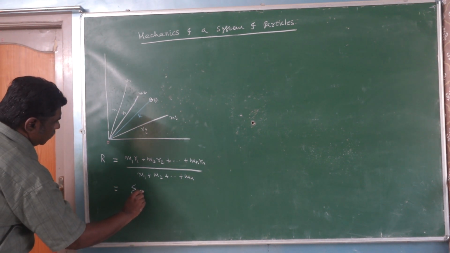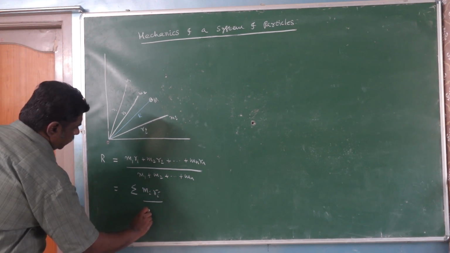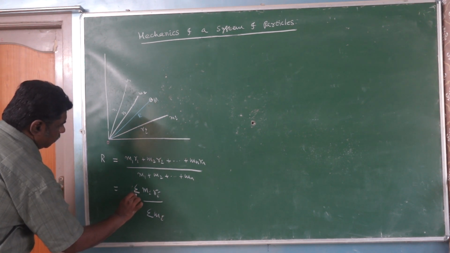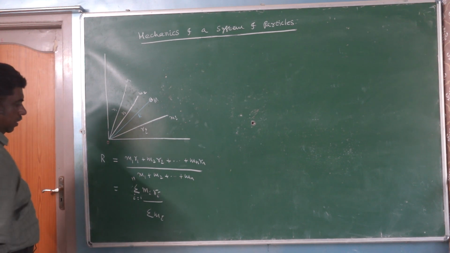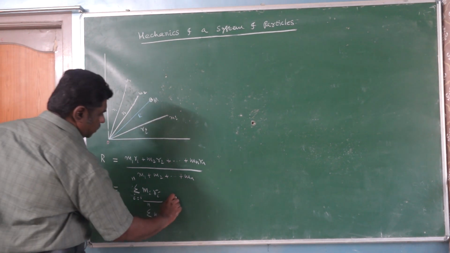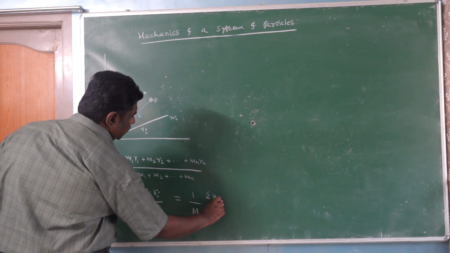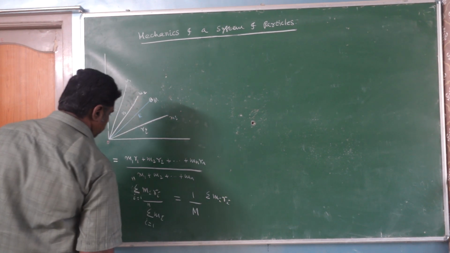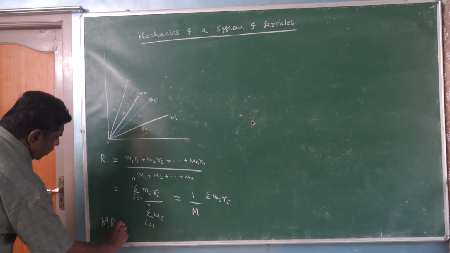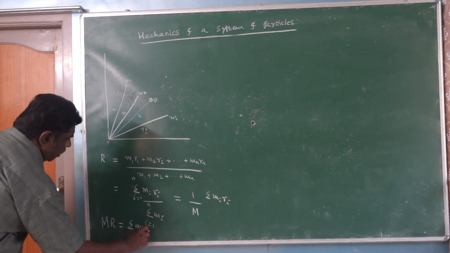This is summation mi ri divided by summation of mi. Here the value of i equals 1 to n, and here also i equals 1 to n. This is 1 divided by capital M into summation mi ri. From this, capital M into capital R equals summation mi ri.